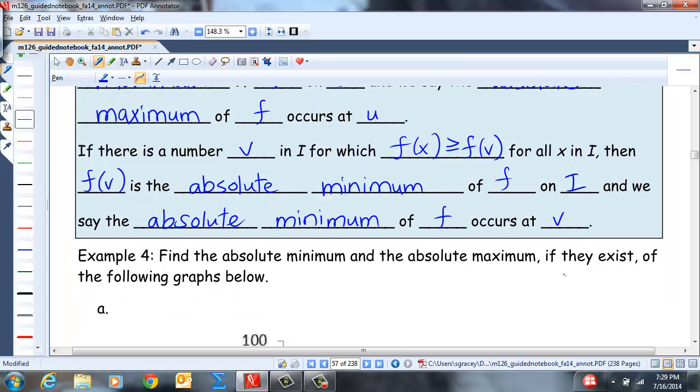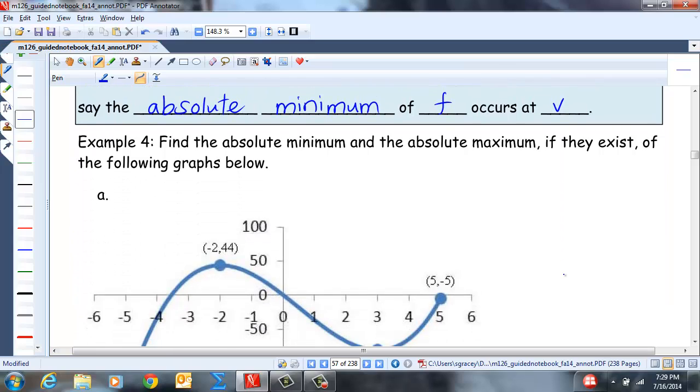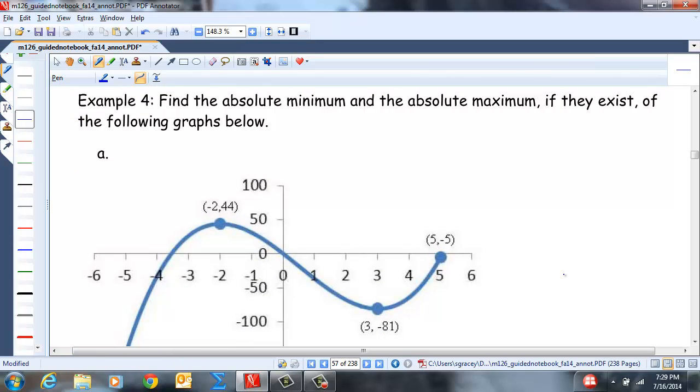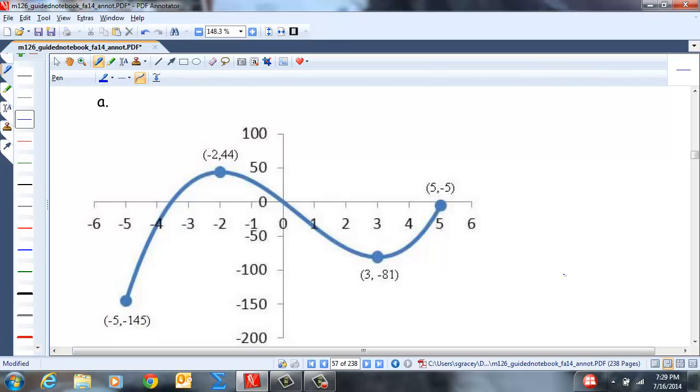So for our next example, find the absolute minimum and the absolute maximum, if they exist, of the following graphs. Let's check this one out. On this, we have to look at this whole interval, and we're not considering local extrema. We just want the smallest and the largest y values.